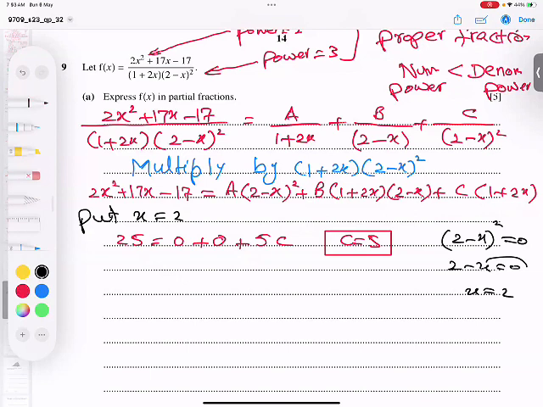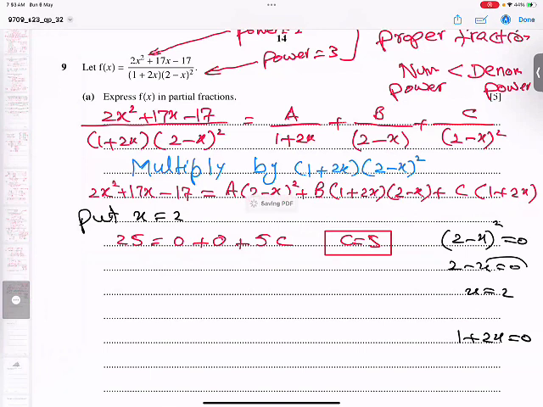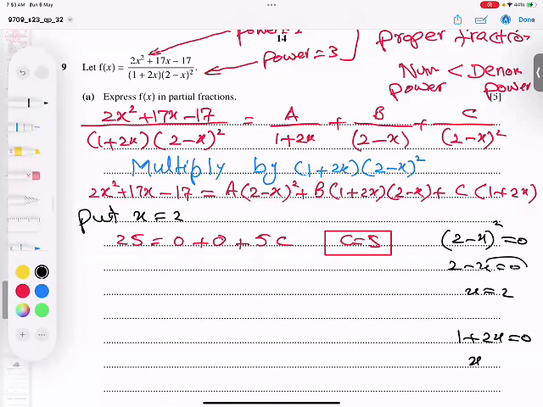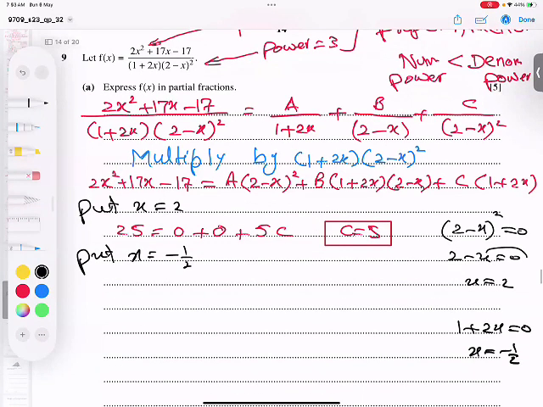So first I plugged in this part equal to 0, you can see, and now I'm putting this part equal to 0. 1 goes there and 2 divides, you know it very well, negative half. So I'm saying put x equal to negative half in the whole equation.